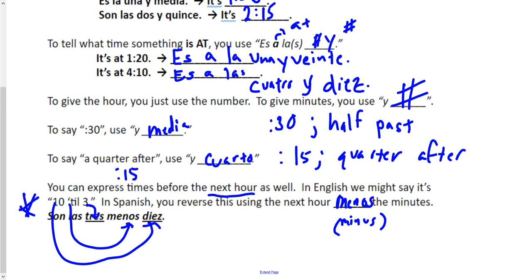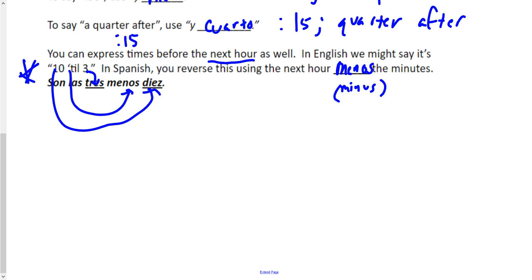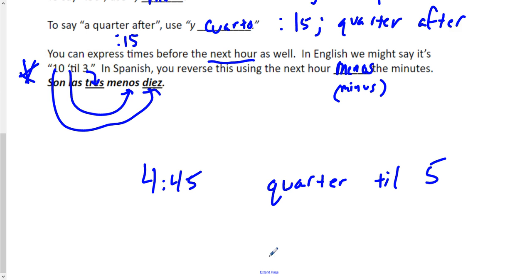So, as another example, if it was 4:45, and instead of saying 4:45, I wanted to say it is a quarter till 5. I can say two different ways.